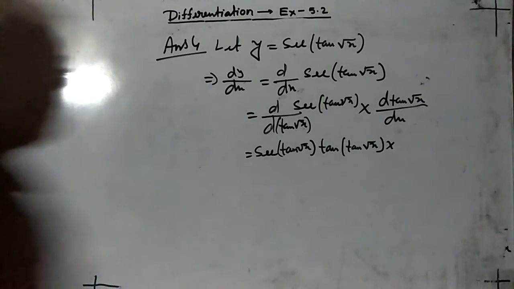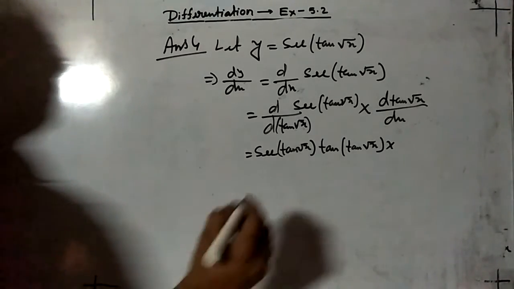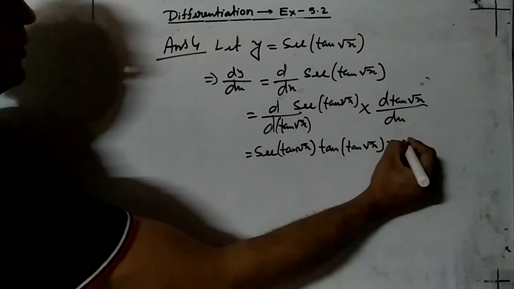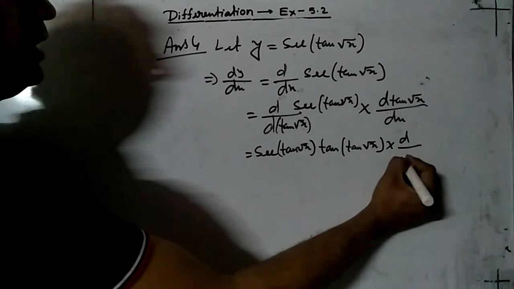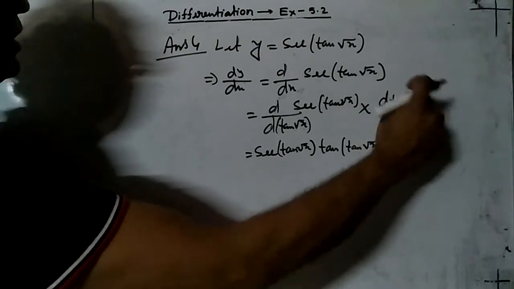Now again just observe tan root x. Tan root x is also a composite function. Again we have to make a chain. So here in place of x, what is given? Root x.